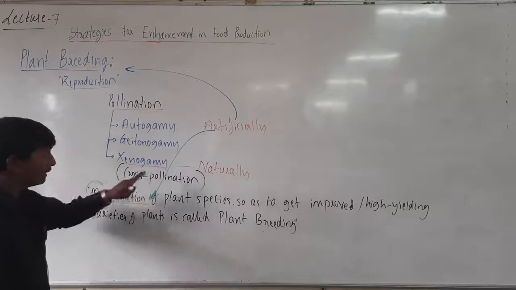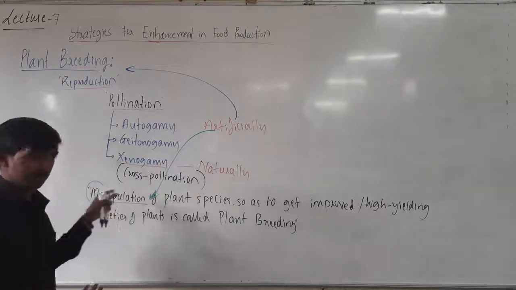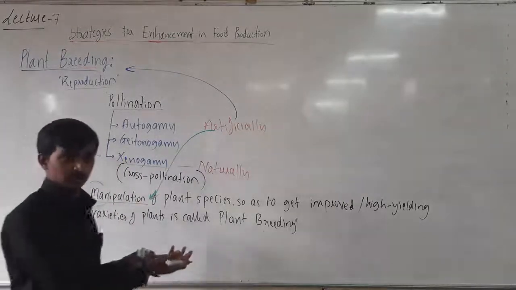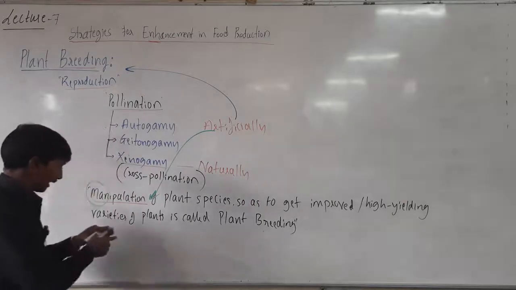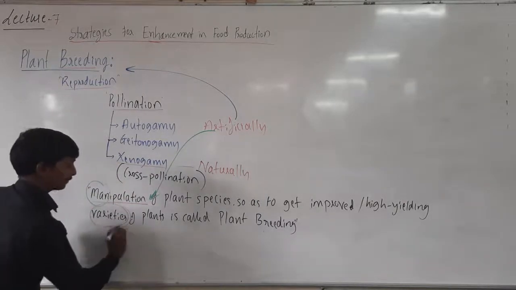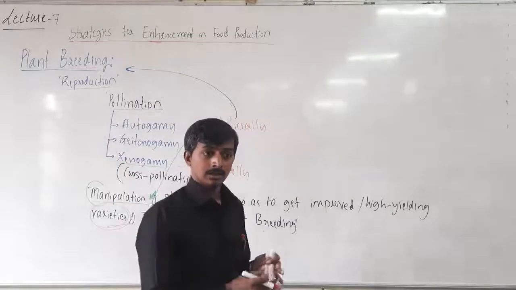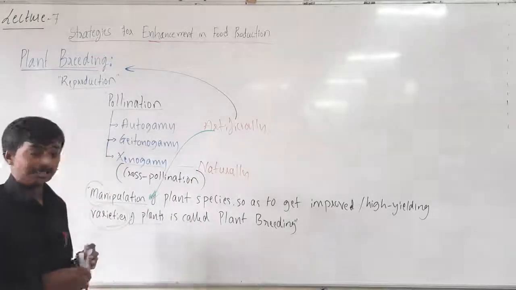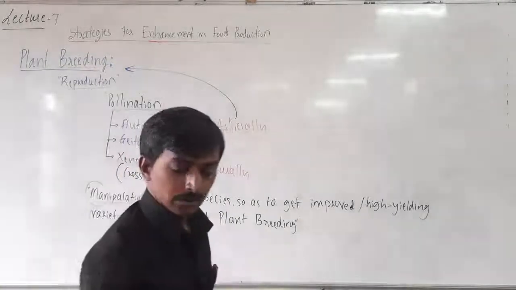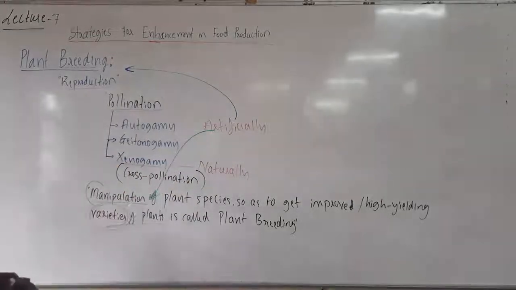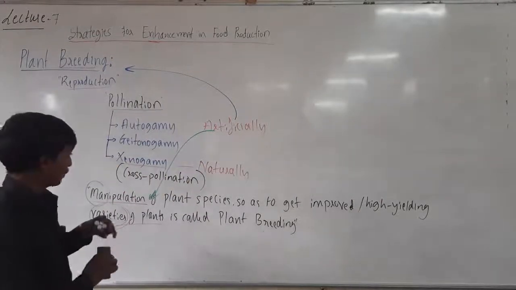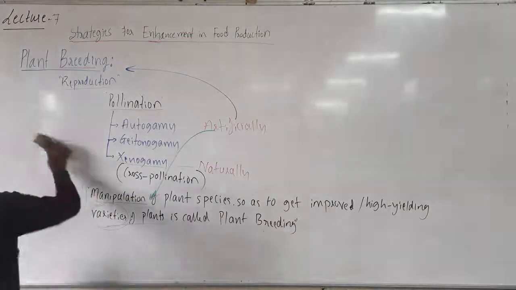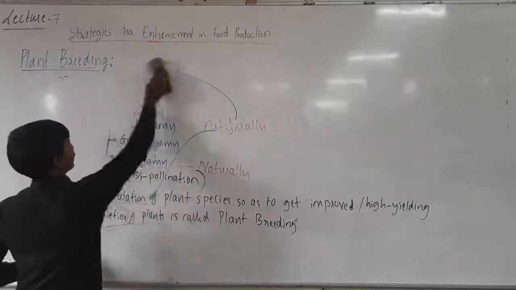So here the pollination is manipulated, hence it is called manipulation of a plant species so as to get better or high yielding varieties of the plant, so that we can come out of the hunger of the increasing population of India or the whole world. That is the actual meaning of plant breeding. Simply performing the cross pollination artificially, manually, is called plant breeding, right?